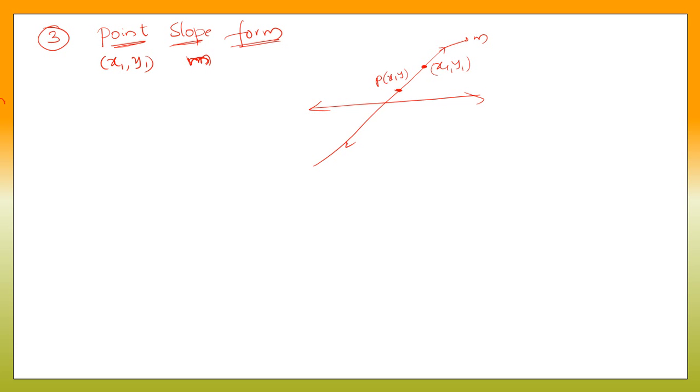Using the slope formula, m is equal to (y minus y1) by (x minus x1). When I cross multiply, I get m(x minus x1) is equal to y minus y1.